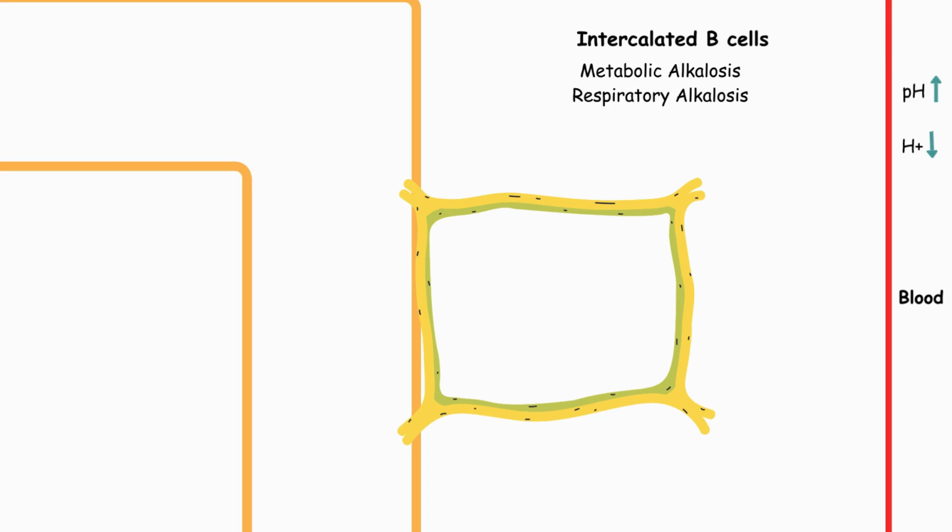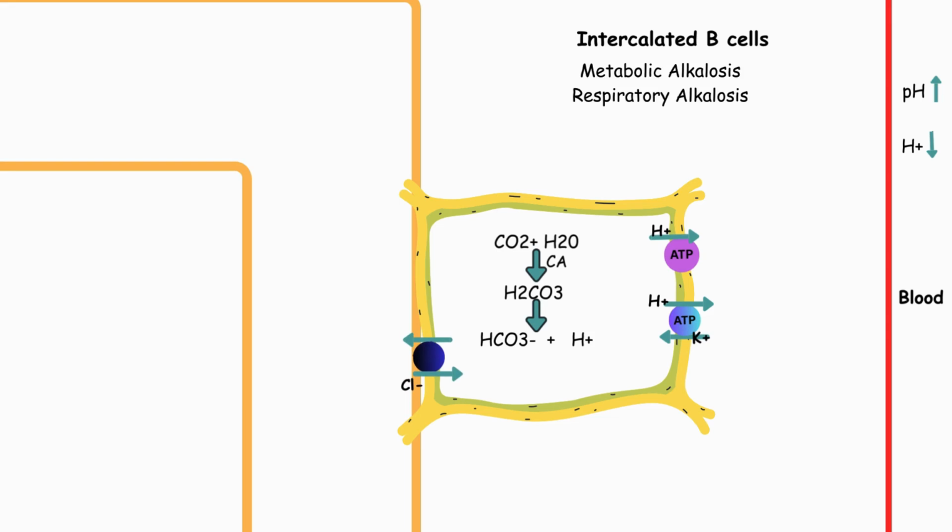Here, the mechanism is opposite to the above occurring in intercalated A cells. Hydrogen ion will be transported to the blood instead of lumen, while bicarbonate will be transported into lumen instead of blood, through channel at the apical membrane in exchange of chloride ions. Here hydrogen ions will neutralize the basic pH. Potassium and chloride will be absorbed into blood.